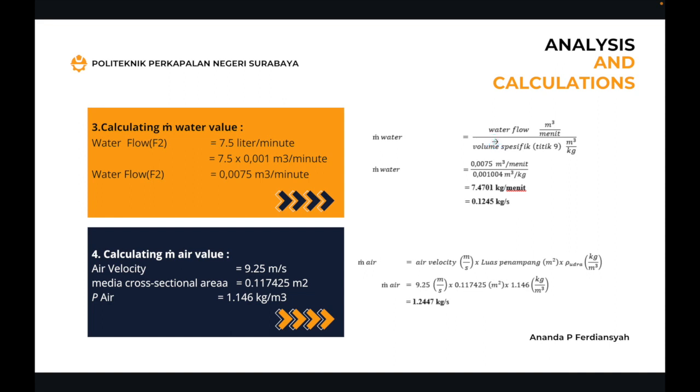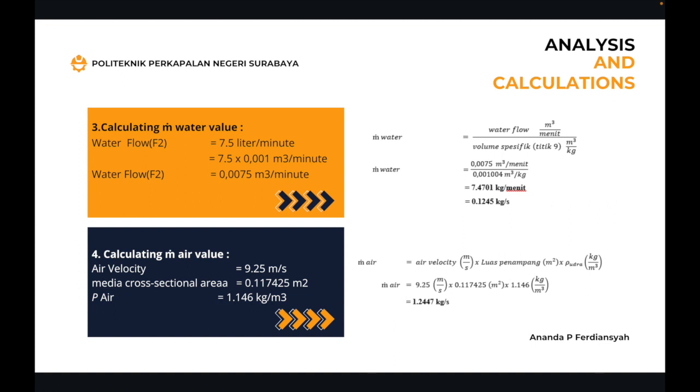The m-dot water is obtained by dividing water flow by specific volume 0.9, and we got the result 0.1245 kilogram per second.